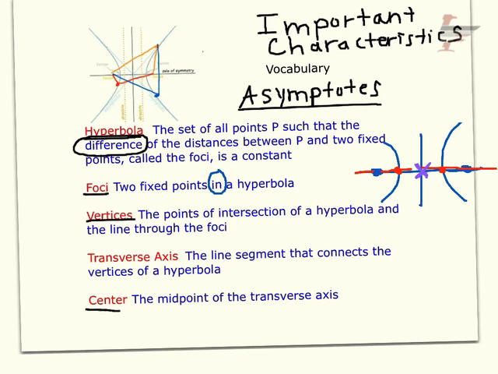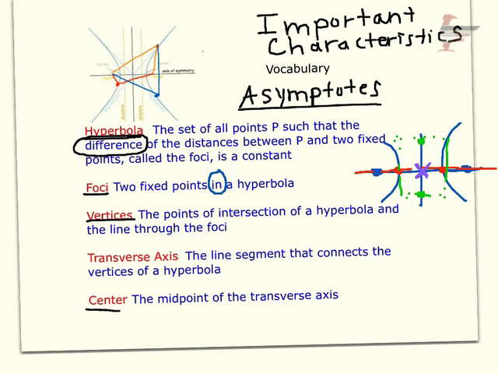The one other thing I would note is asymptotes, and you know what an asymptote is, but more importantly, you're going to be finding those asymptotes. So when you do an asymptote with a hyperbola, what you're going to be doing actually is finding the vertices, which I have in red, and you're going to be finding some other points, and they're not called covertices, but they're going to make a little rectangular box, I guess, is what that's going to amount to.